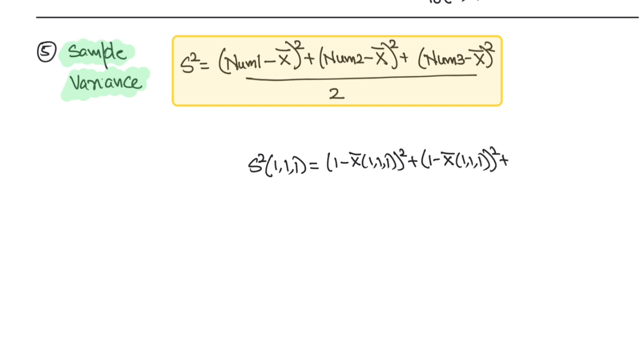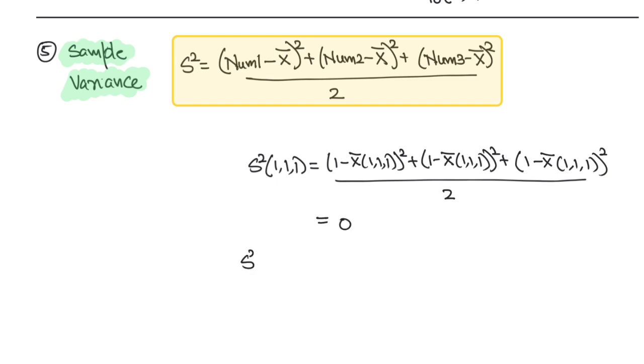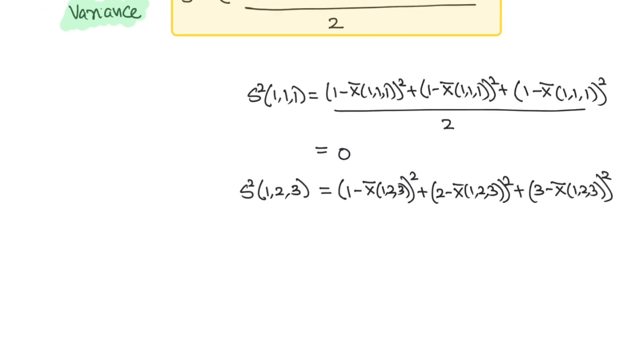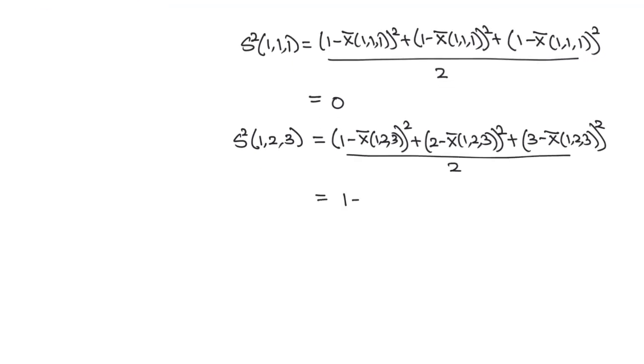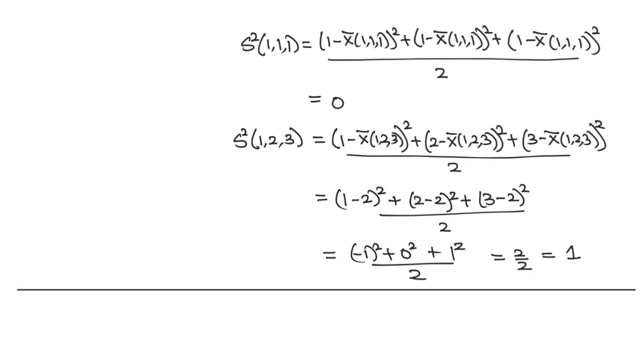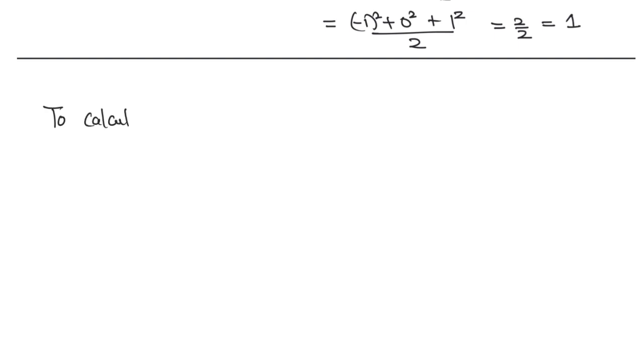The sample variance of 1, 1, 1 is calculated as 0, and the sample variance of 1, 2, 3 is calculated as 1 minus x bar of 1, 2, 3 the whole squared plus 2 minus x bar of 1, 2, 3 the whole squared plus 3 minus x bar of 1, 2, 3 the whole squared. This simplifies to minus 1 squared plus 0 squared plus 1 squared divided by 2, which is equal to 2 divided by 2 equals 1.